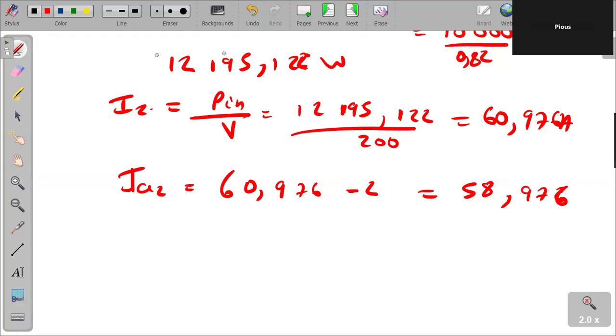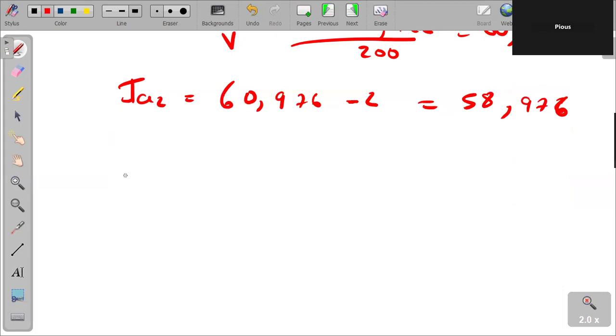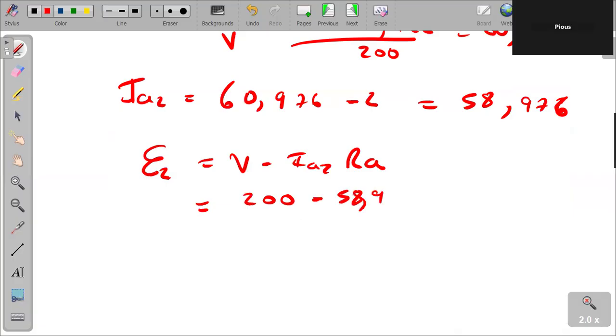With these new conditions, we can now calculate E2. So E2 is equal to V minus IA2 times RA. The armature resistance has also not been affected in any way. So we substitute our information: 200 minus 58.976, multiplied by 0.2, and it will give us 188.205 volts.